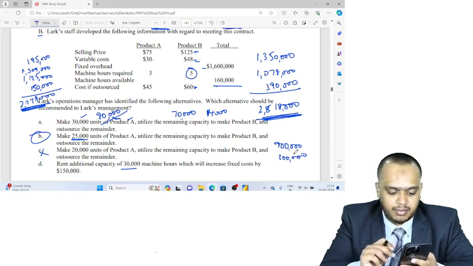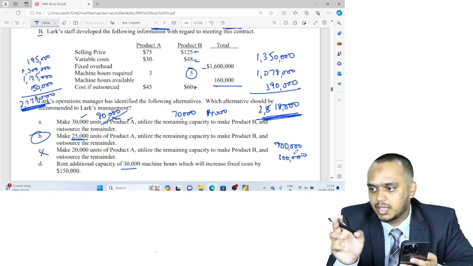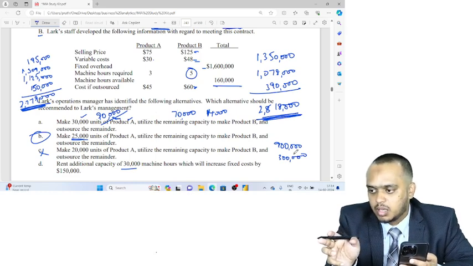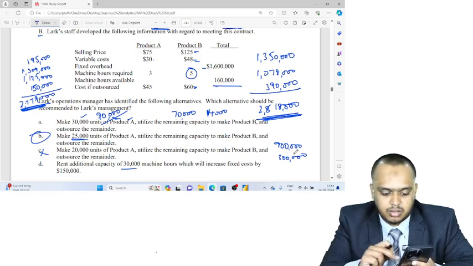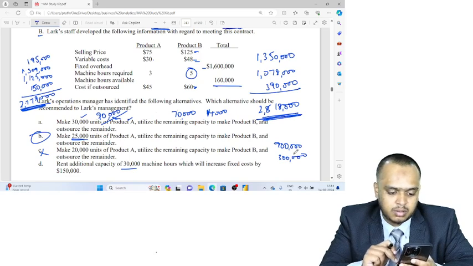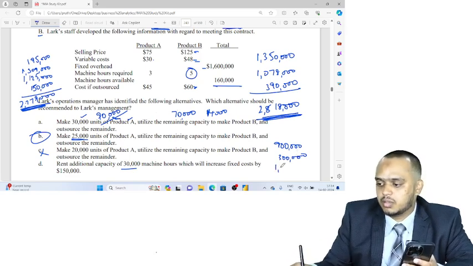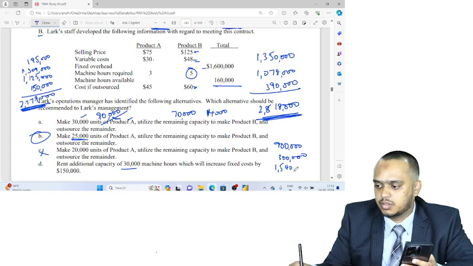I can make complete product B total. So product B, if I'm making total, 125 minus 48 is equal to 77. 77 multiplied with 20,000 equals 1,540,000.